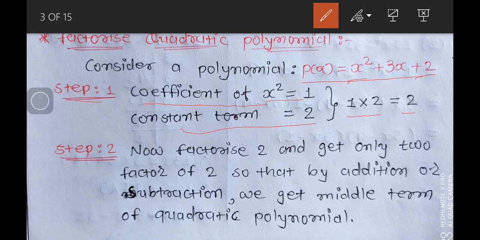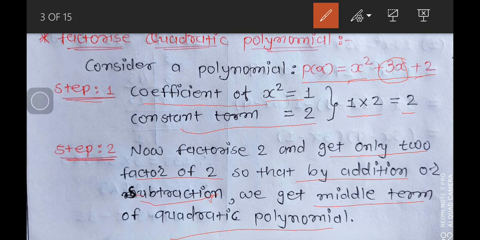Now we follow step number 2. We factorize 2 and get only 2 factors of 2, so that by addition or subtraction we get the middle term of the quadratic polynomial. Here the given middle term is 3x. Now how can we factor 2?